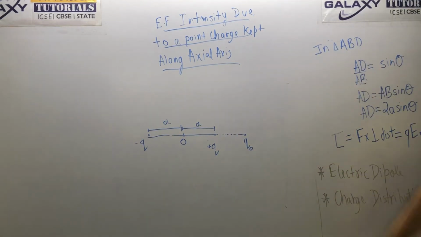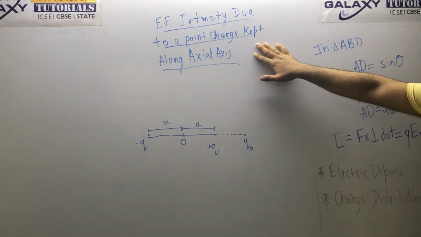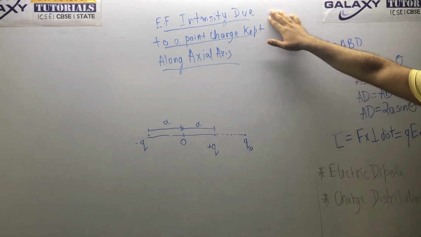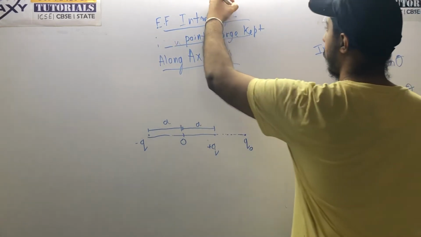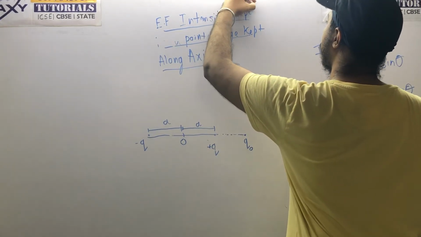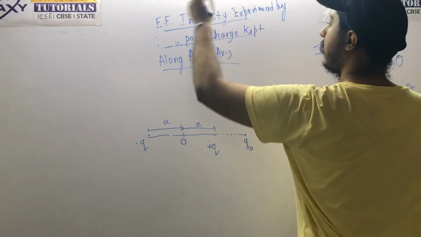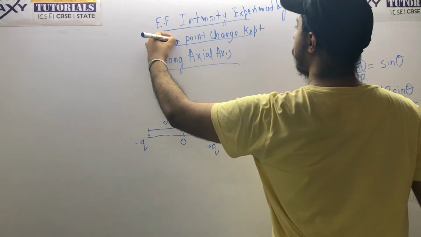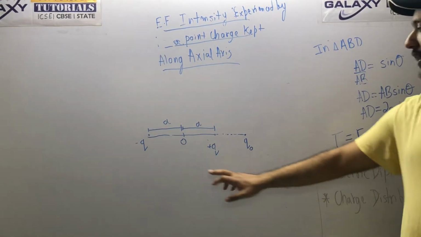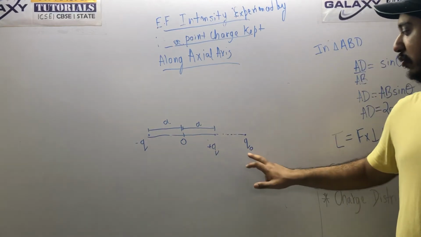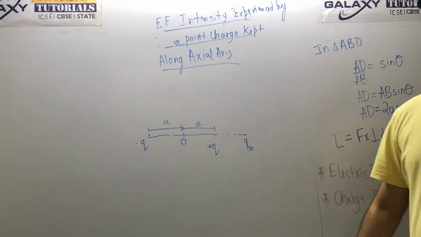So we have to find out the electric field intensity experienced by a point charge kept along the axial axis. This point charge is being kept here near to these two charges. The charges are plus q and minus q, and they form a dipole.